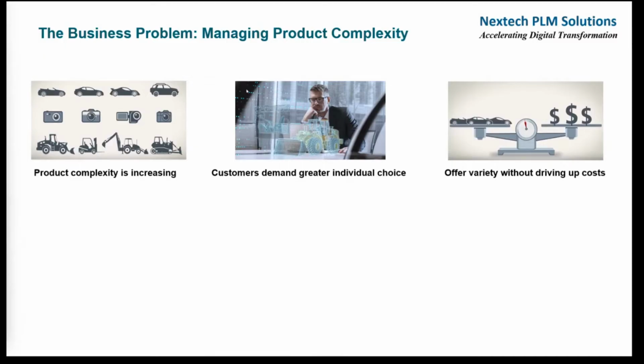As a manufacturer, we have to offer multiple variability within the product without impacting the cost. So this requires a configurator backbone where the variability definition is stored in a central place of truth.